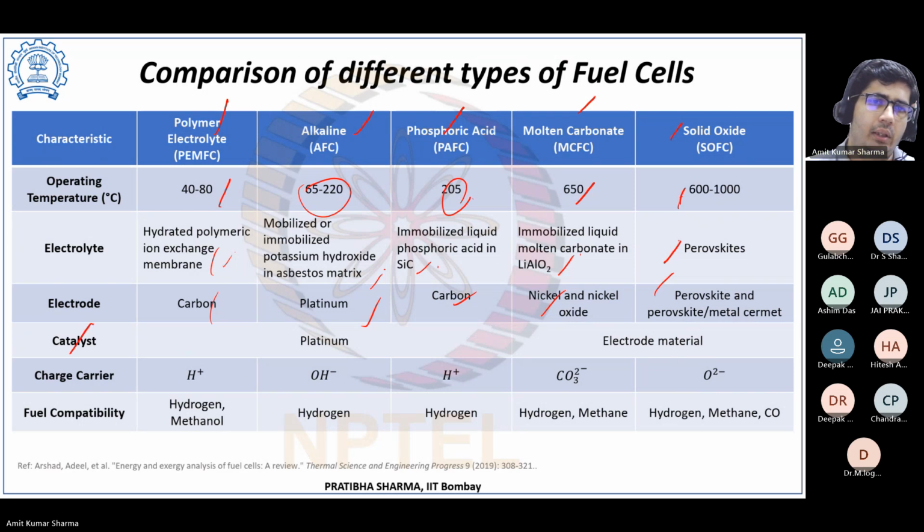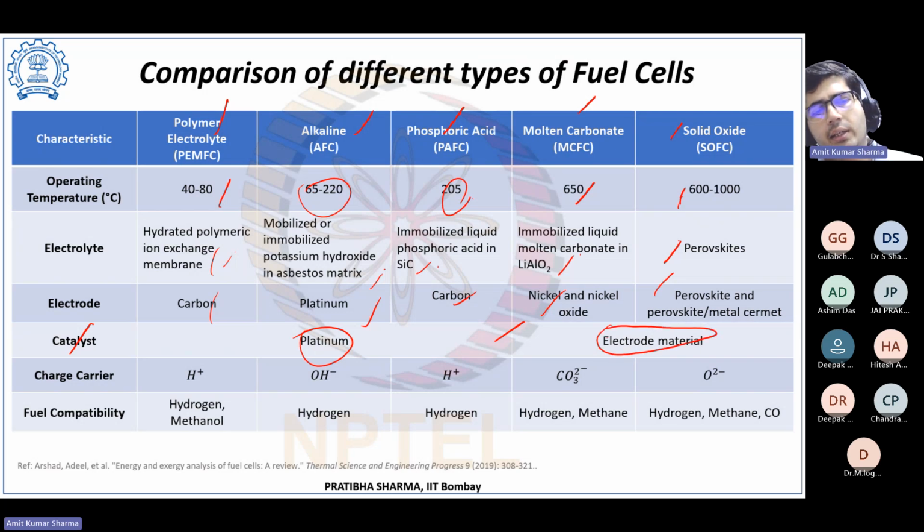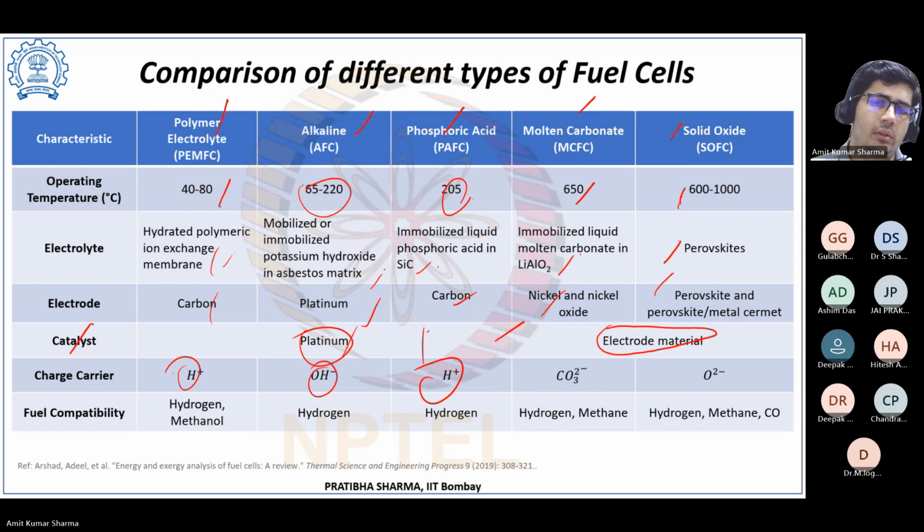Catalyst: up to phosphoric acid we use platinum as a catalyst. Here the electrode material itself is used as a catalyst. Charge carrier: H+, OH- in alkaline, H+ again in phosphoric acid, carbonate ions in MCFC, O2- in SOFC.